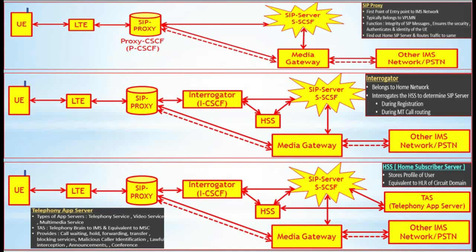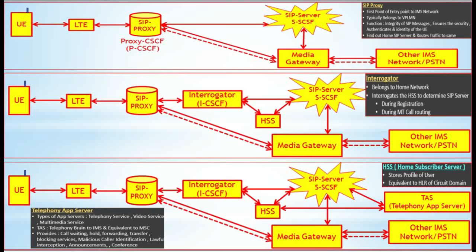A user may be served by various SIP servers, while only one SIP server serves the customer. The SIP proxy is usually located in the roaming or visited network. The interrogator sits in the home network. The main task of the interrogator is to select the correct SIP server or registrar which is going to serve the user.